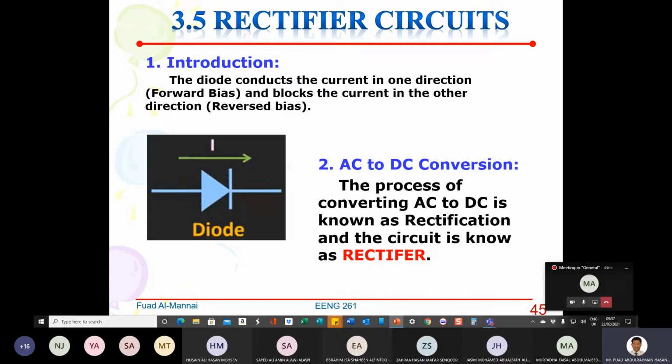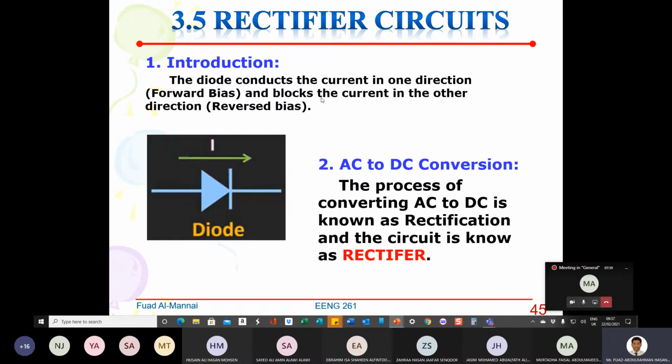This is one of the rules that I put at the beginning of the slides. The current will always go from the anode to the cathode, never from the cathode to the anode.